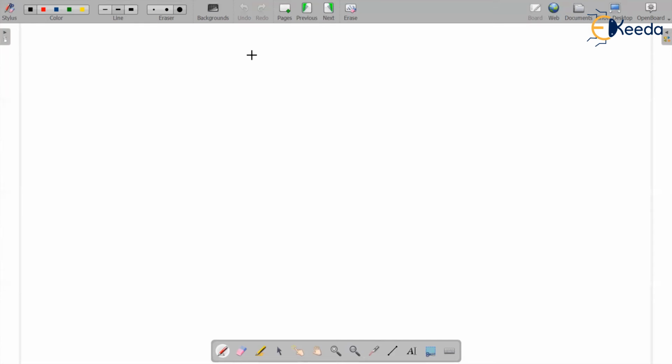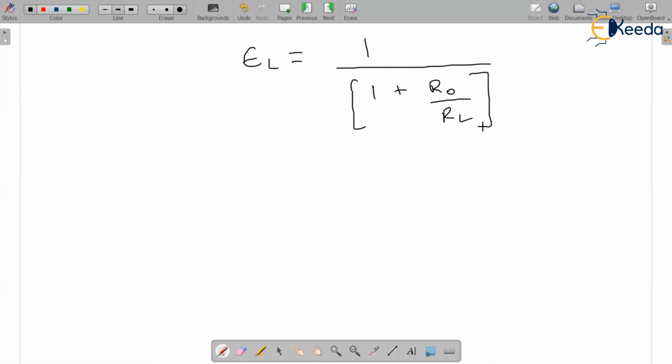EL is equal to 1 by 1 plus R naught by RL into E naught.